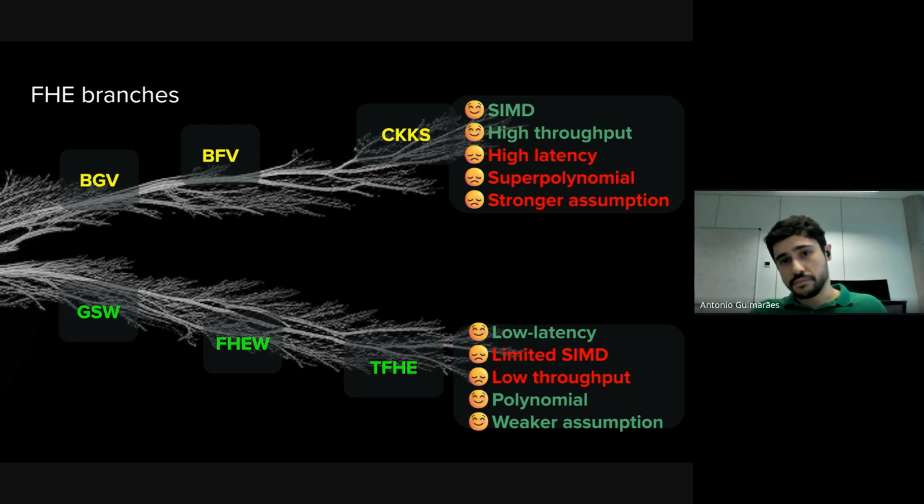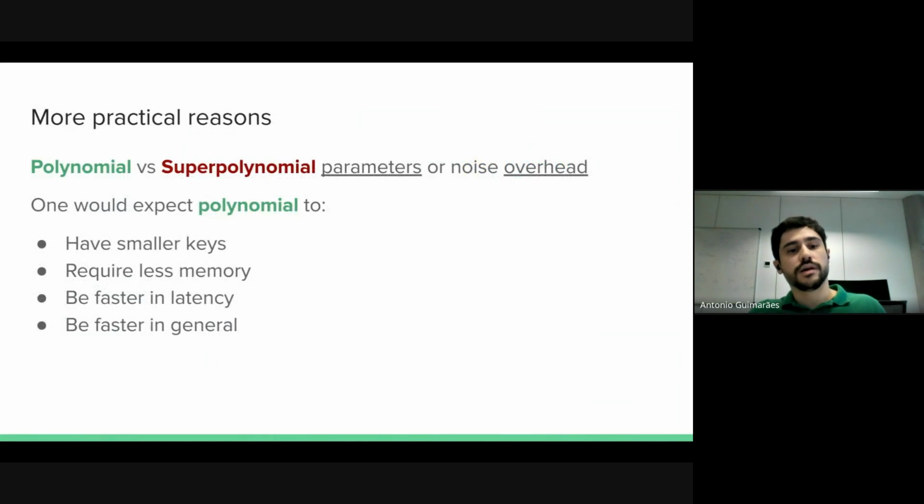This is the motivation in terms of security, but of course, these are all assumptions, and for now, they are all holding. So we can also look at more practical and current reasons. If we are talking about parameters or noise overhead, intuitively, having an overhead or parameters that are polynomial should be better than having something that is super polynomial. In many aspects, it is.